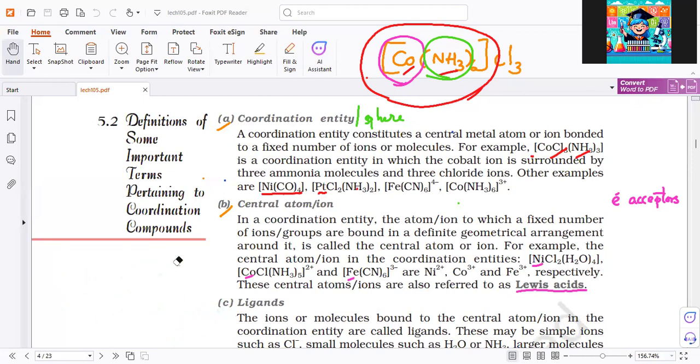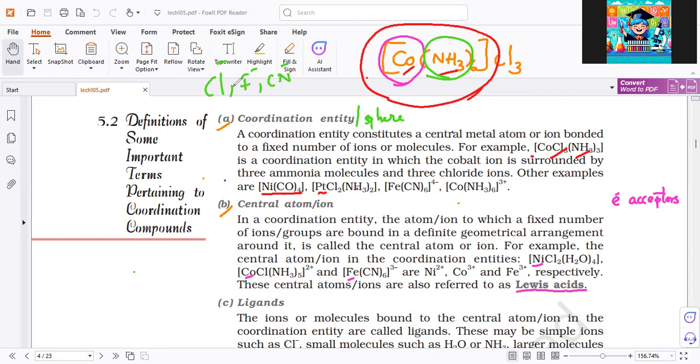They can be simple molecules, simple atoms or ions like chlorides or fluorides: Cl minus, F minus, CN minus.